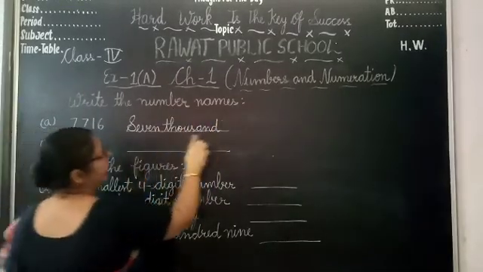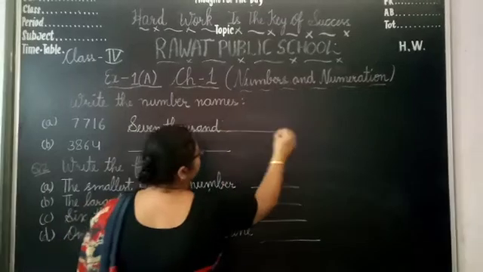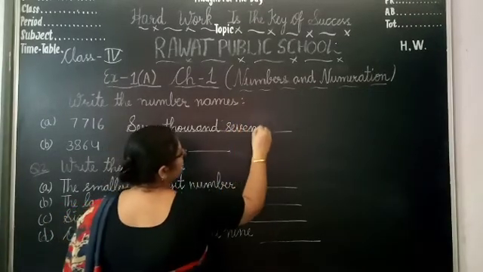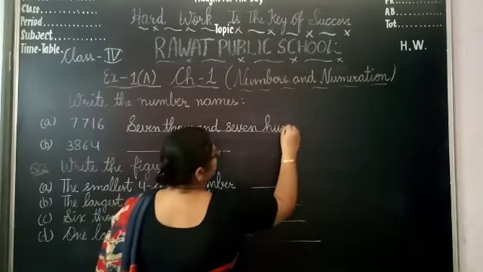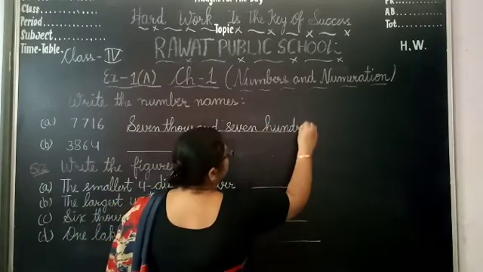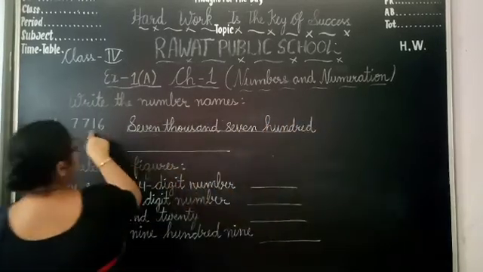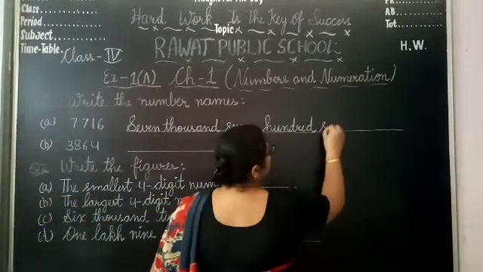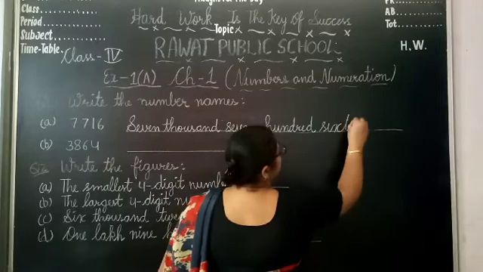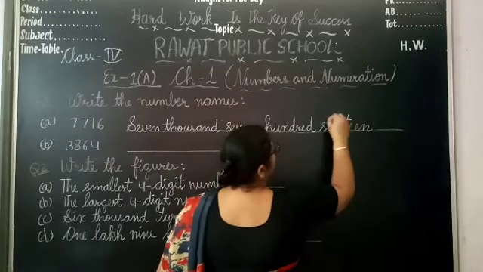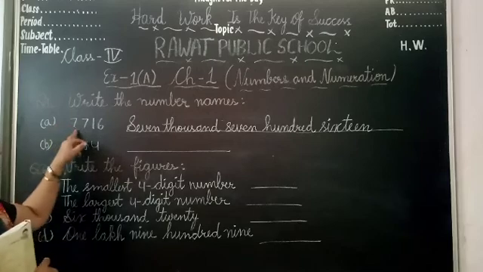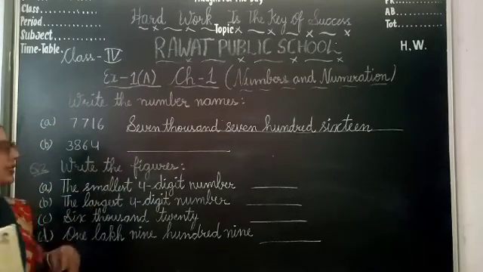Seven thousand seven hundred sixteen. So write down the number name of 7716.